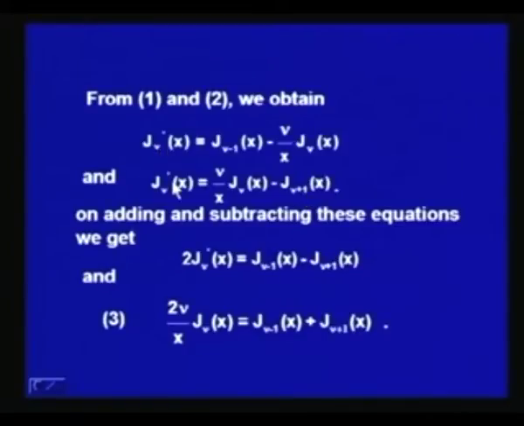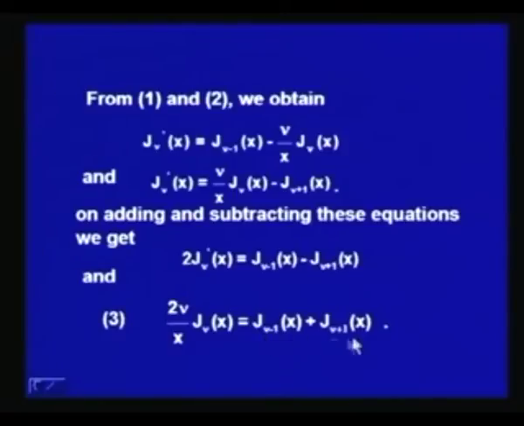If you add these two equations, you get 2 J_ν'(x) equal to J_(ν-1)(x) minus J_(ν+1)(x), and if you subtract this equation from this one, you get the left hand side as 0, and therefore we get 2ν/x J_ν(x) minus J_(ν+1)(x) minus J_(ν-1)(x) equal to 0, which would give us (2ν/x) J_ν(x) equal to J_(ν-1)(x) plus J_(ν+1)(x).